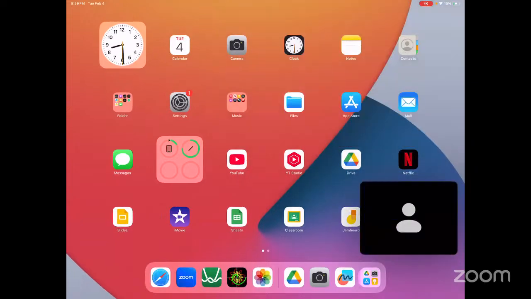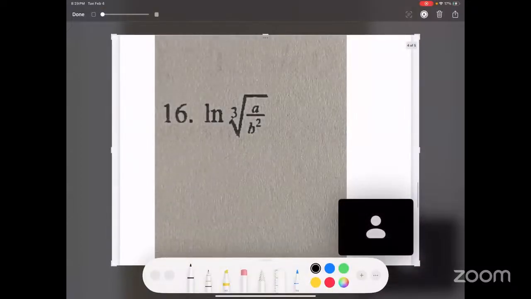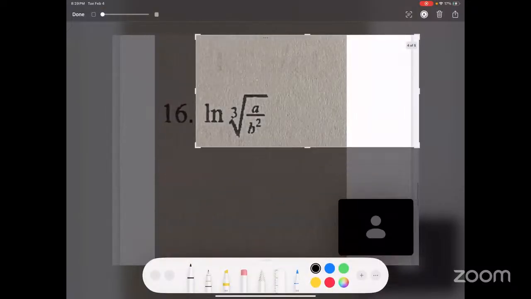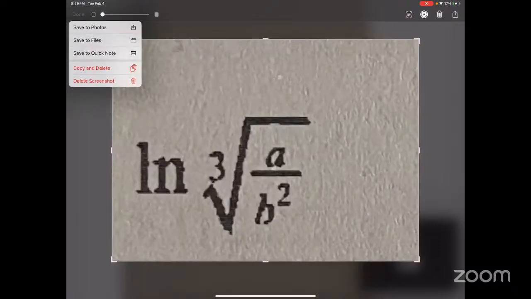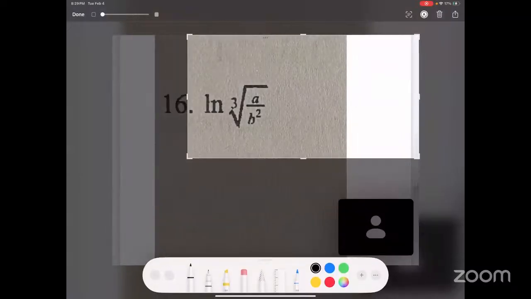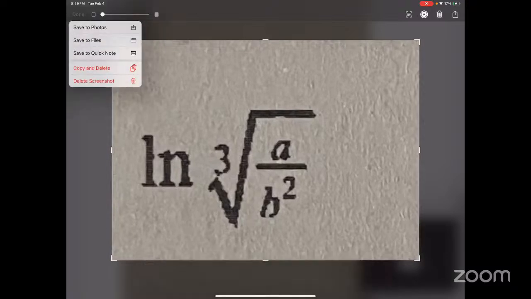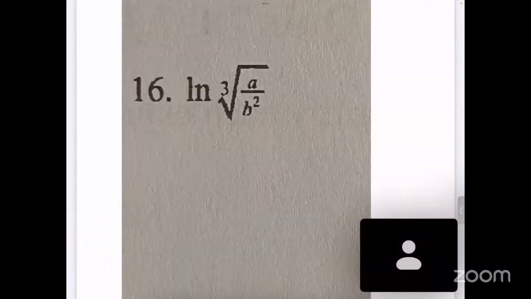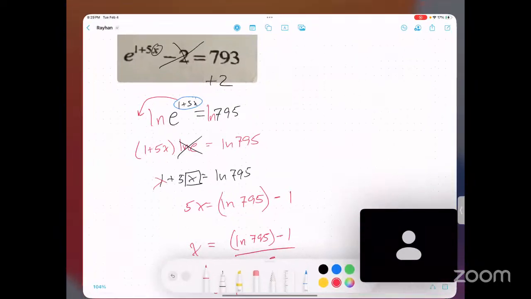Whoops, wrong one, sorry. Okay, next question. All right, so this is another simplifying question. Oh, didn't mean to do that. For this one, it says to expand completely and simplify if possible. So this is a different kind of question.